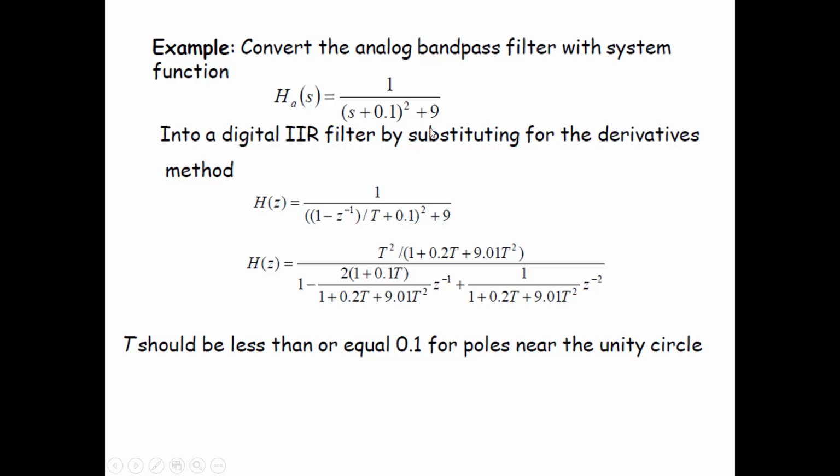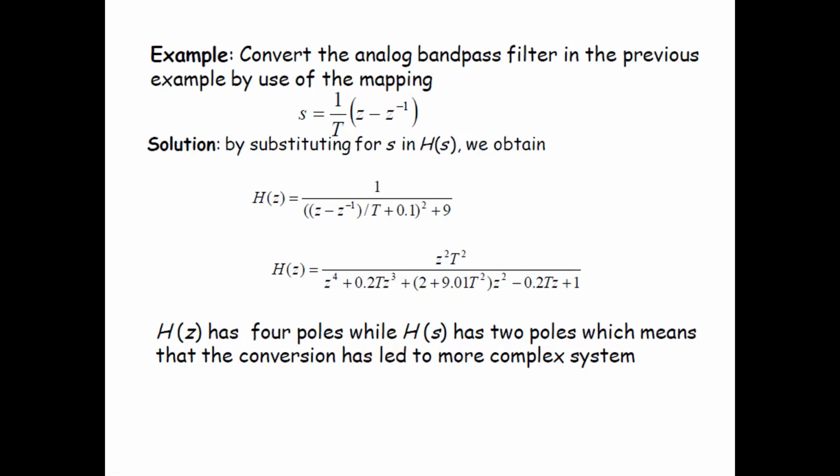But if you use the modified mapping, you will get a more stable digital filter because all the poles will lie within the unity circle, and you will be able to design all kinds of filters, like low pass, band pass, and high pass filters, with this mapping. But the complexity of the system will increase.